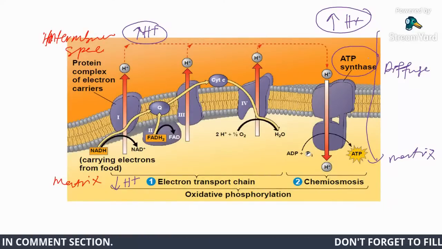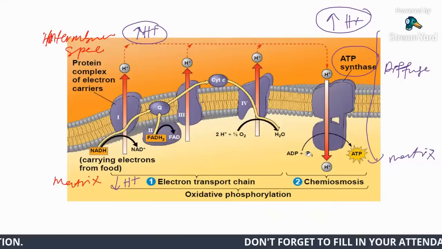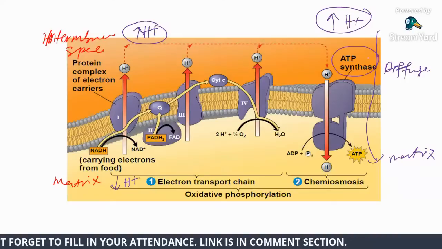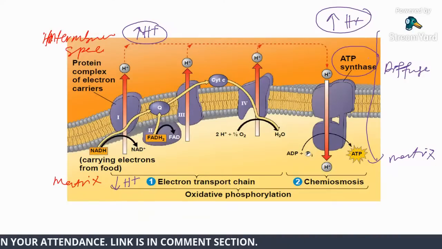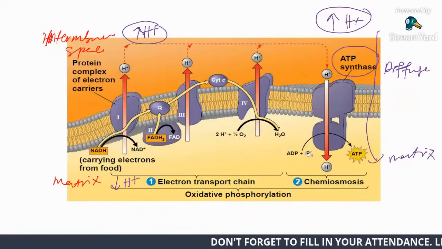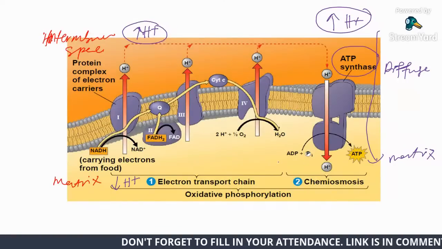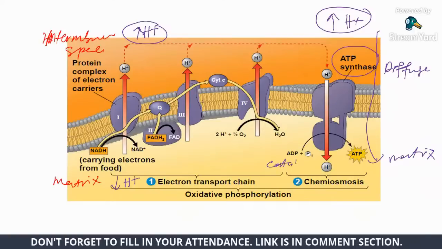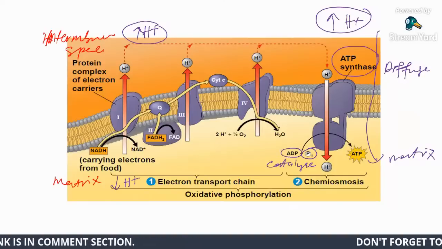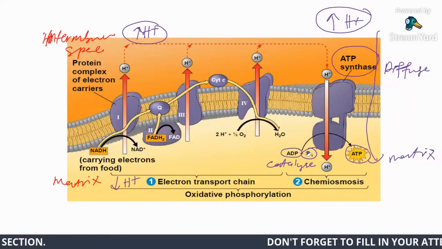So remember, it will enter ATP synthase, the rotor will spin and the catalytic knob will be activated. So as the catalytic knob is activated, the ATP synthase is said to be activated also. So it will catalyze, don't forget the word catalyze, the addition of a phosphate group to ADP, forming ATP.